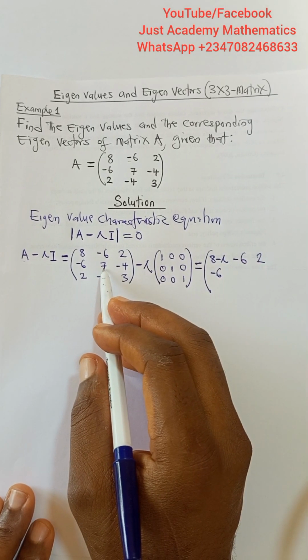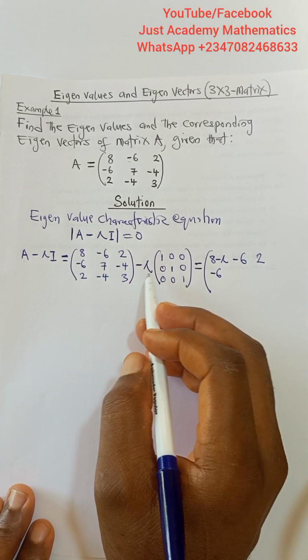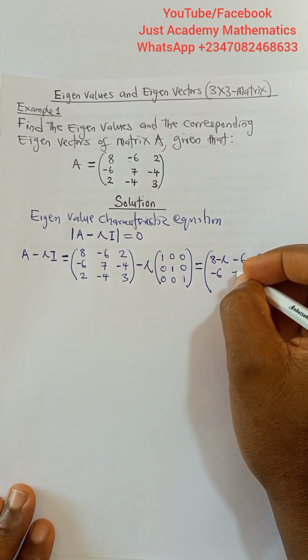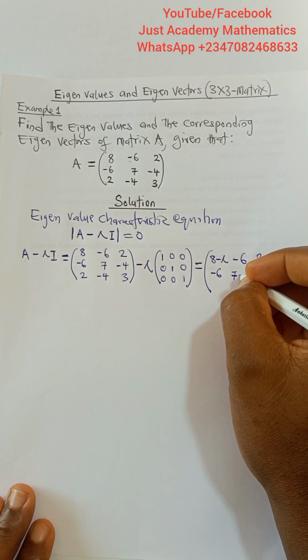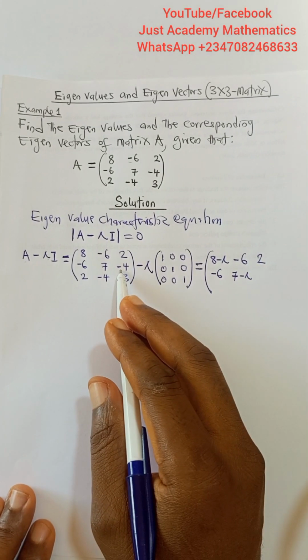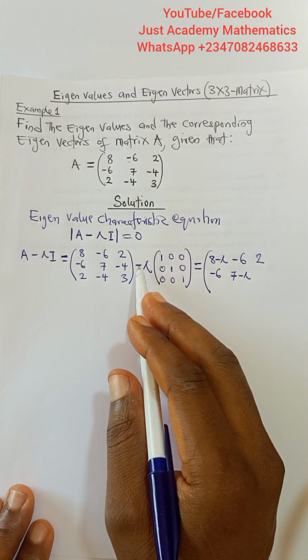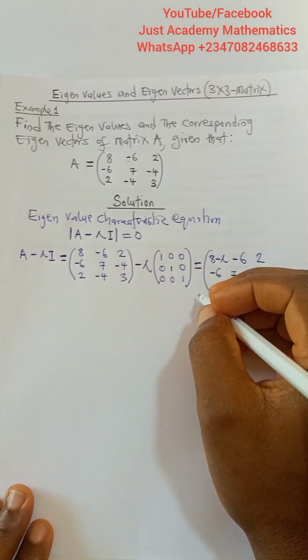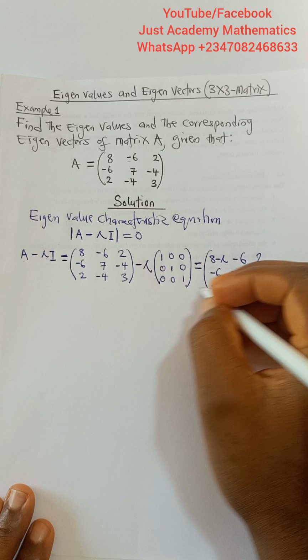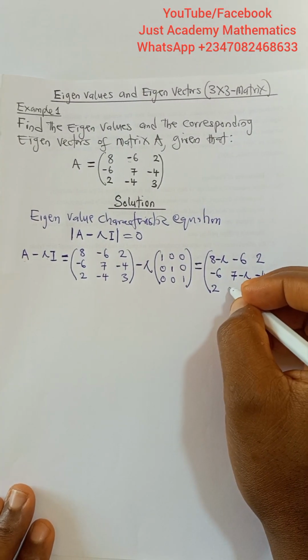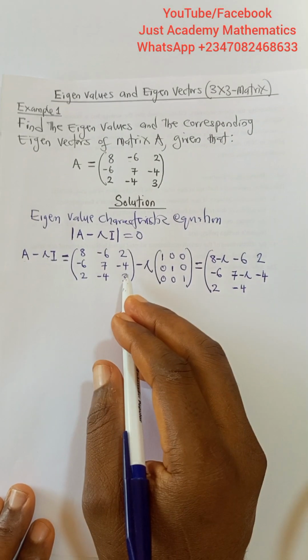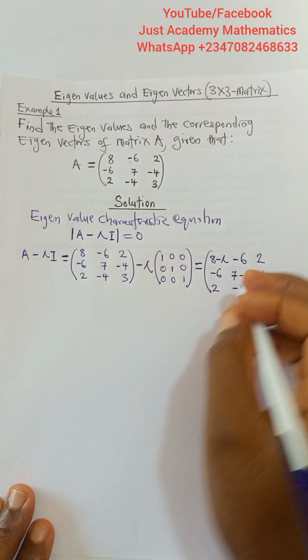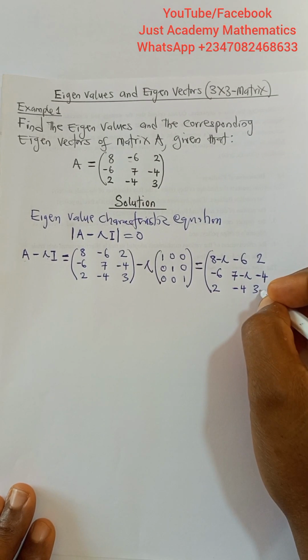And 7 minus lambda times 1 will give us 7 minus lambda. Minus 4 minus lambda times 0 will definitely give us minus 4. And here will give us 2, here minus 4, and then 3 minus lambda times 1 will give us 3 minus lambda.